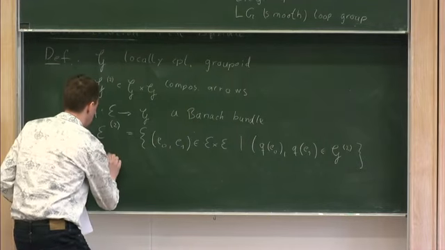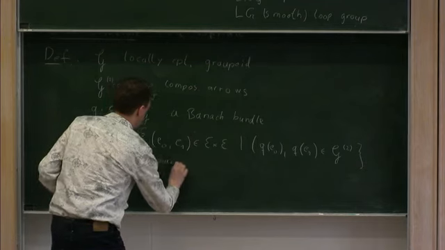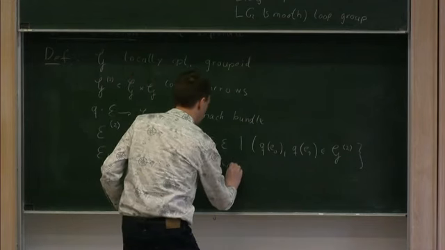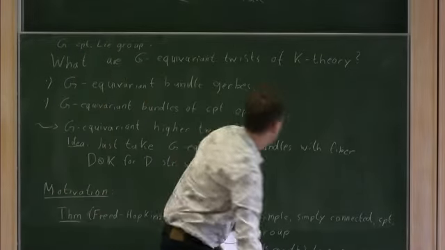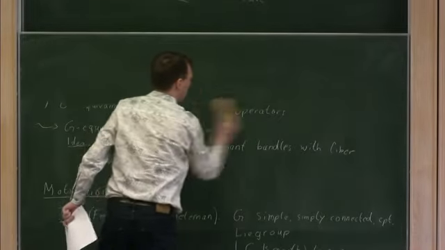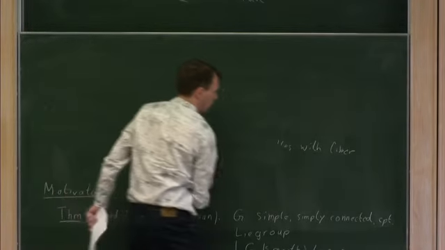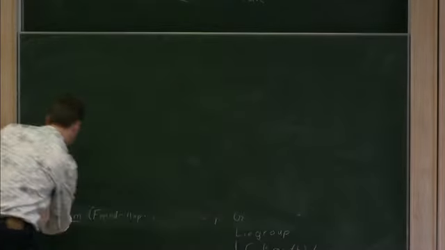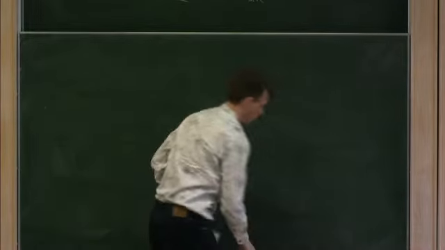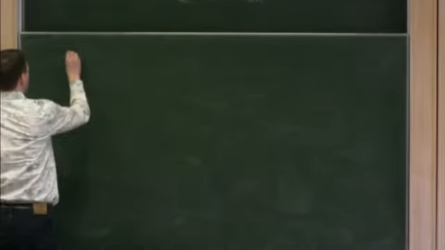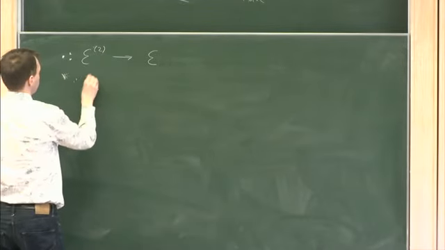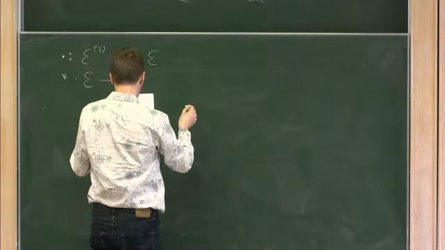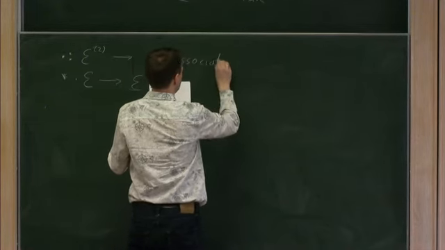Then E is a Fell bundle if we have a multiplication, which is a map from E2 to E, and a star from E to E. And this should be, well, it should have all the properties that you want.